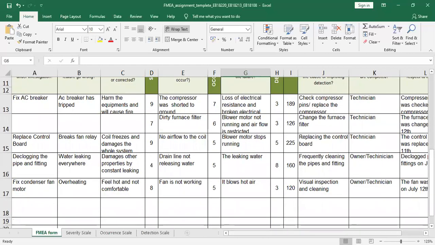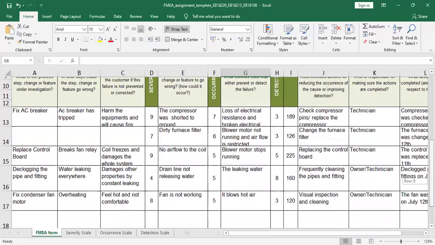And the condenser fan motor is fixed because overheating caused the problem, and the effect is that people will feel hot and uncomfortable.